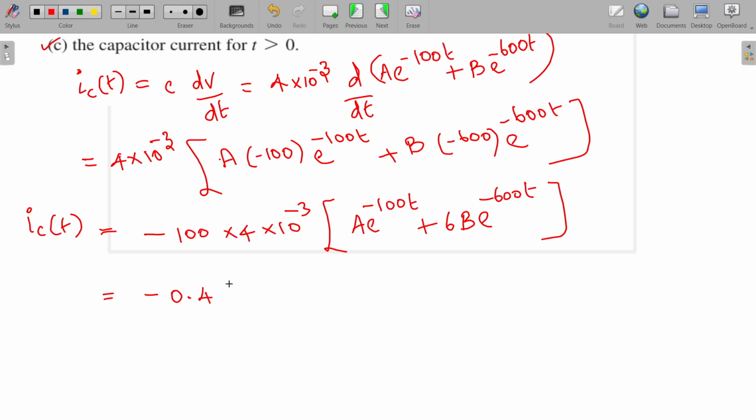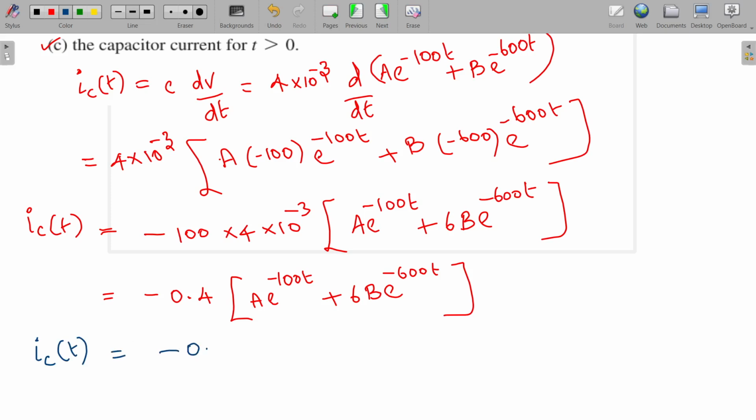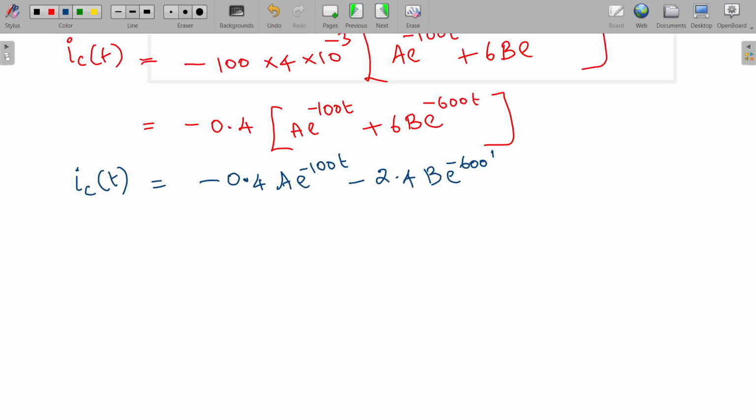This is minus 0.4 into A into e power minus 100t plus 6 into B into e power minus 600t. So you can expand this and write IC of t, that is the capacitor current, equal to minus 0.4 A into e power minus 100t minus 2.4 into B into e power minus 600t.